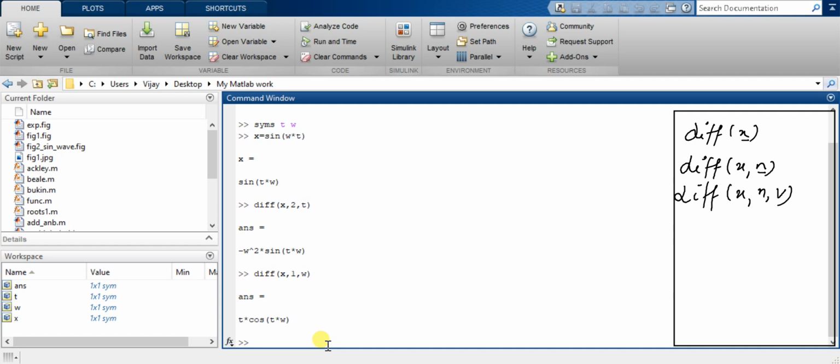And the next computation we can do is, we can take one example for differentiation. Let's take an example.